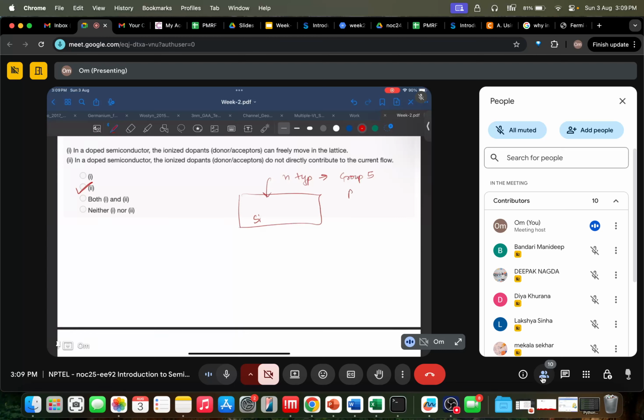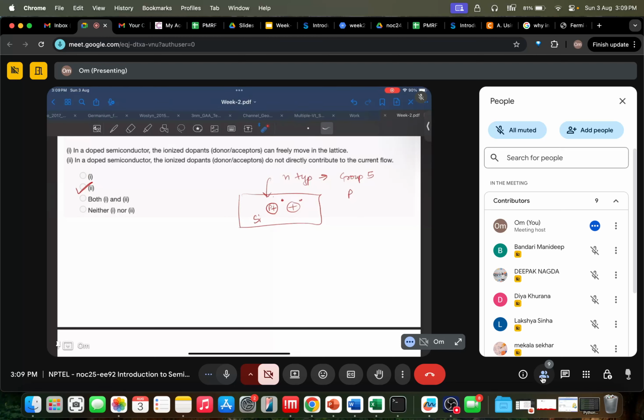Could be, let's say, phosphorus. So phosphorus would have 5 electrons. It will give one electron away and become positively charged. These will be the donor atoms, and these will be the electrons given by it.